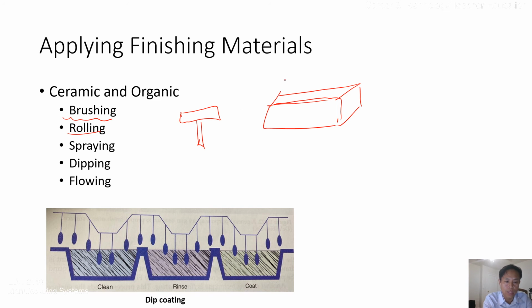Then spraying or dipping and flowing. This example is a dip coating example. In manufacturing, they do dipping to make a quick coating. They do this process in one shot, like clean, rinse, and coating. It is a kind of assembly line connected. It moves this way, so they automatically clean, rinse, and coat. That is a practice used in manufacturing.